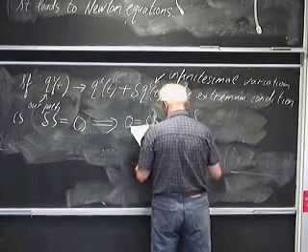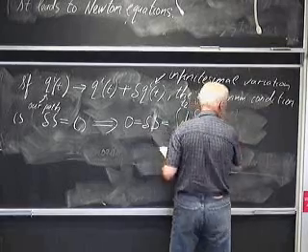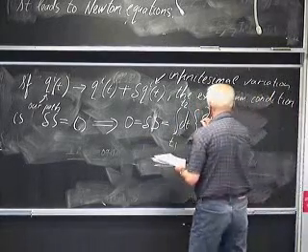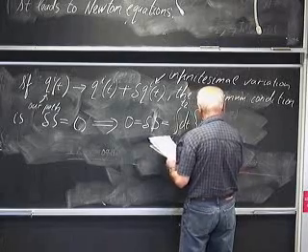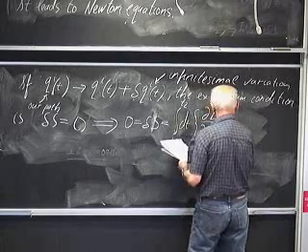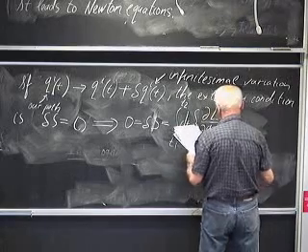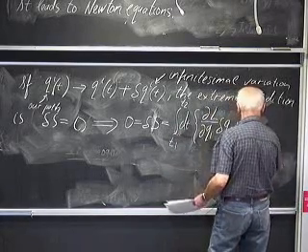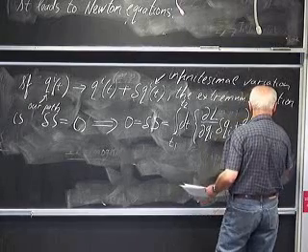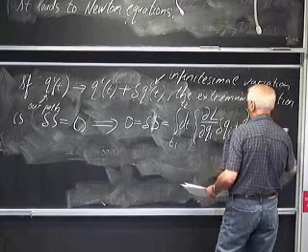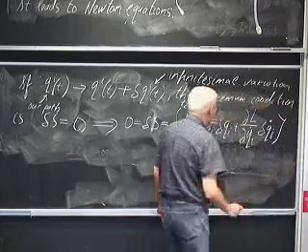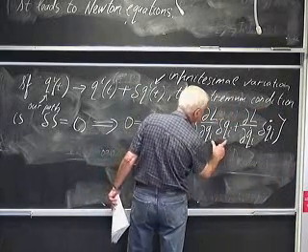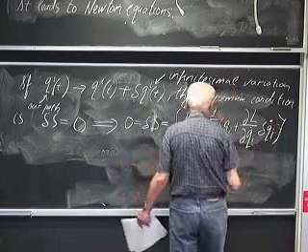And here I change. This function depends on both coordinates and velocities, plus, of course, again, I'm considering summation over repeated indices i up to n.